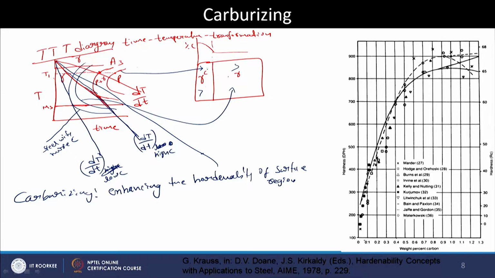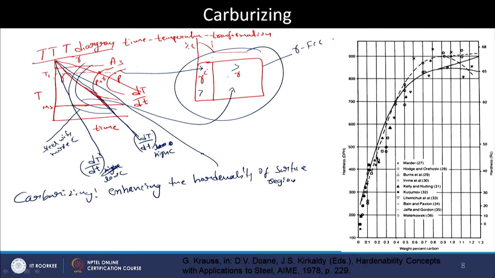In this case we see one issue. When we do the carburizing, the entire component has to be heated up to the austenitic region. That means the entire sample, when we do carburizing, is taken to the temperature where it is gamma, that is FCC.